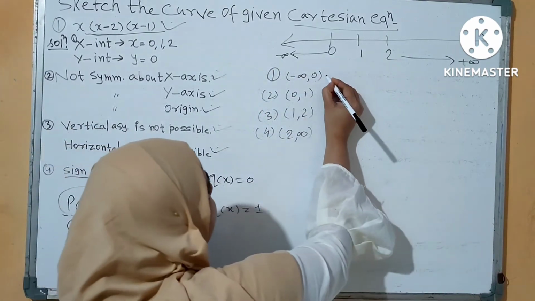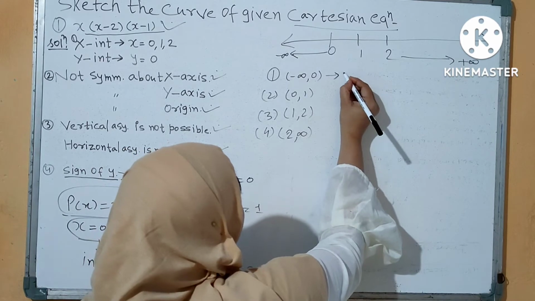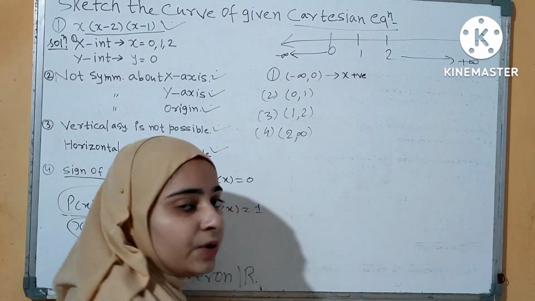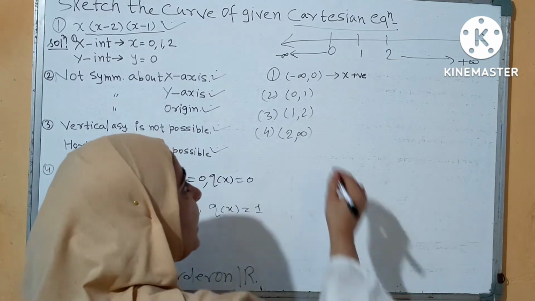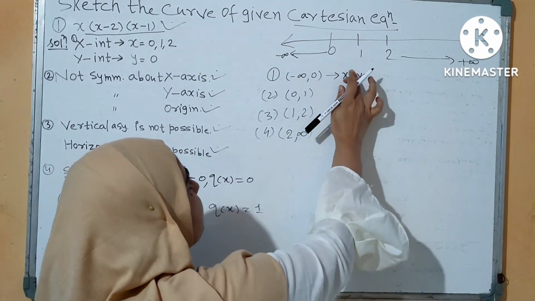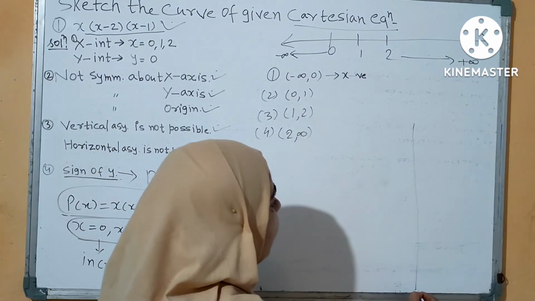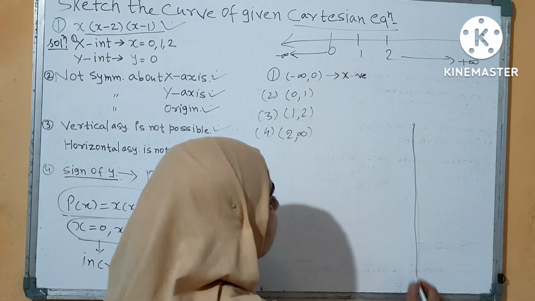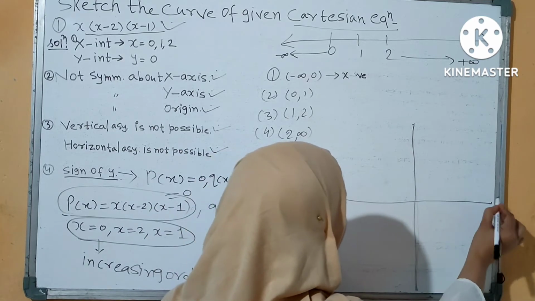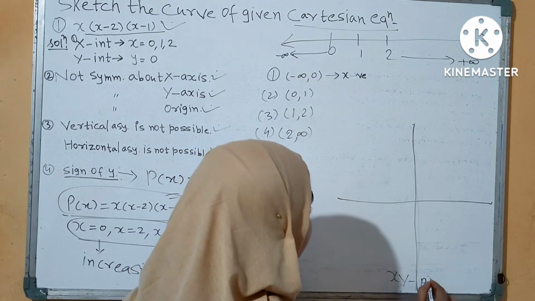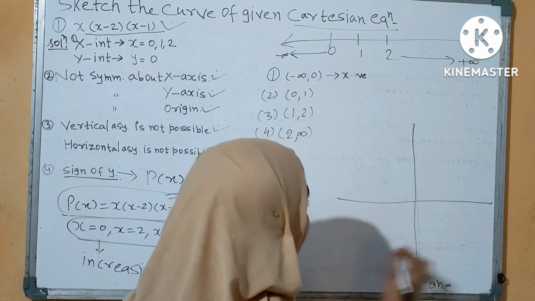Here your x is negative, and in the others x is positive. Now this is our xy plane graph.